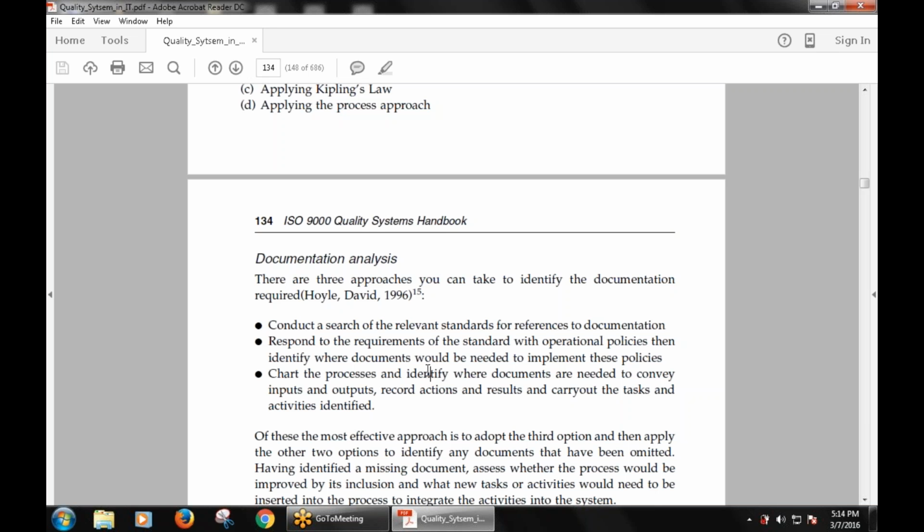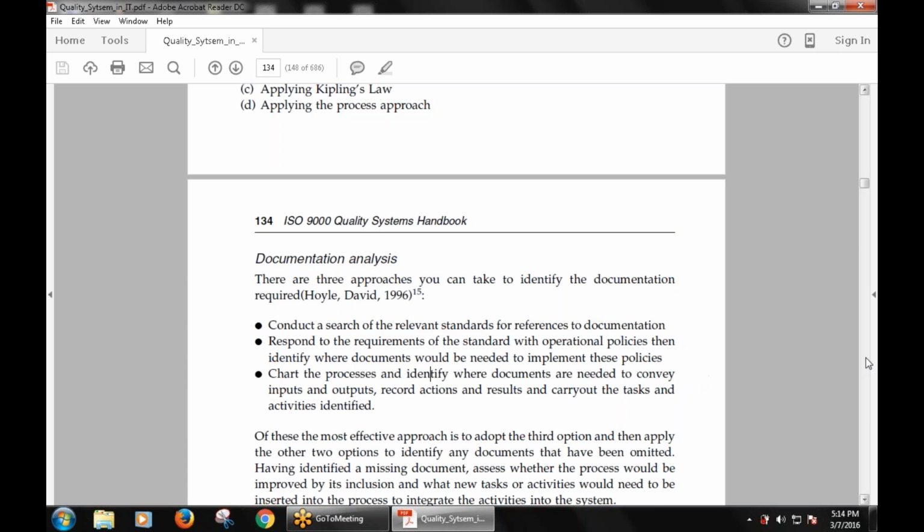That is, what are the various documents required for the organization's policies. So first conduct, then respond, then chart the processes and identify where documents are needed to convey inputs and outputs. So what are the various documents by which we can convey the inputs and the outputs.